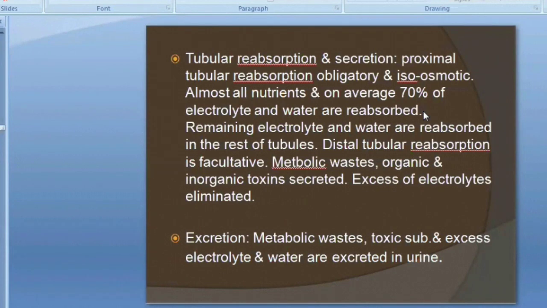Okay, and overall reabsorption I mentioned is 70% of solutes and 70% of water, and as the percentage remains the same, osmolarity does not change. So the glomerular filtrate in the proximal convoluted tubule is the same as that of plasma. That's why it is called isoosmotic.